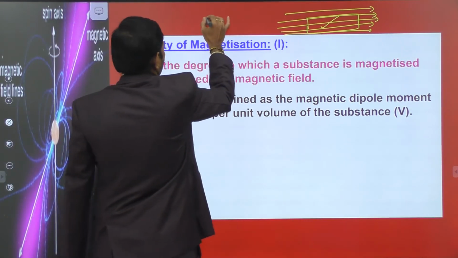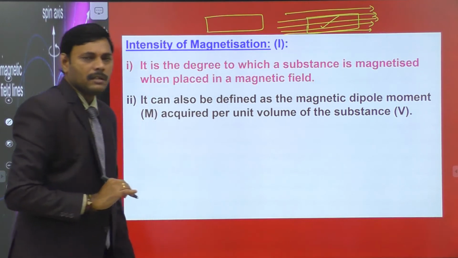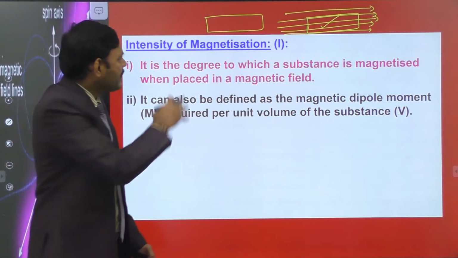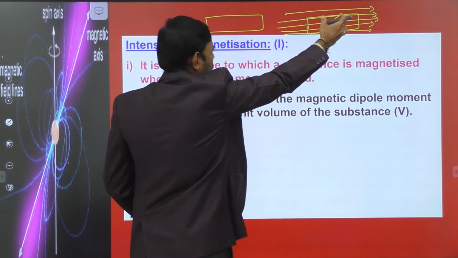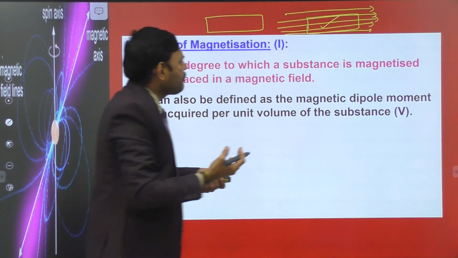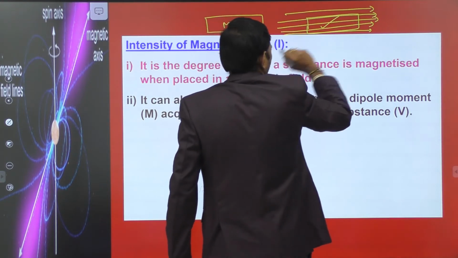Suppose we have an iron rod, a magnetic material. Actually there is no magnetic property in it. When you insert this iron rod in an external applied magnetic field, it gets magnetized. Before it gets magnetized, definitely M is equal to 0, there is no magnetic moment.